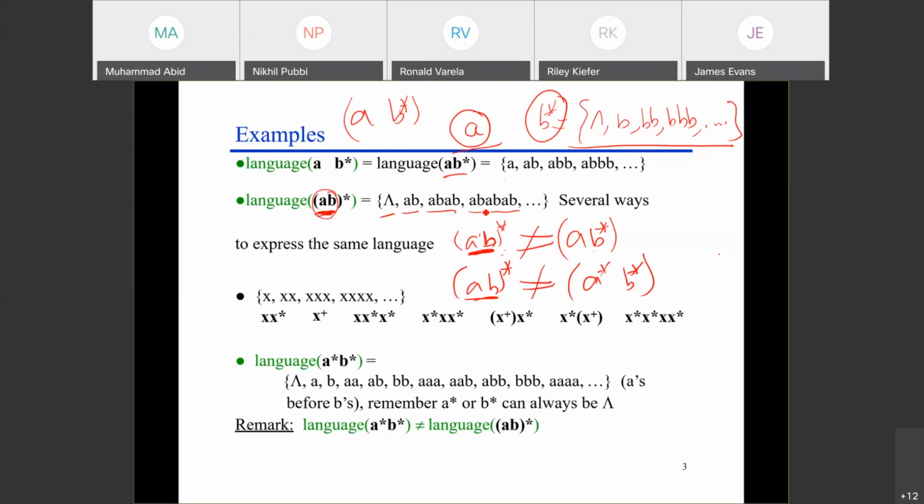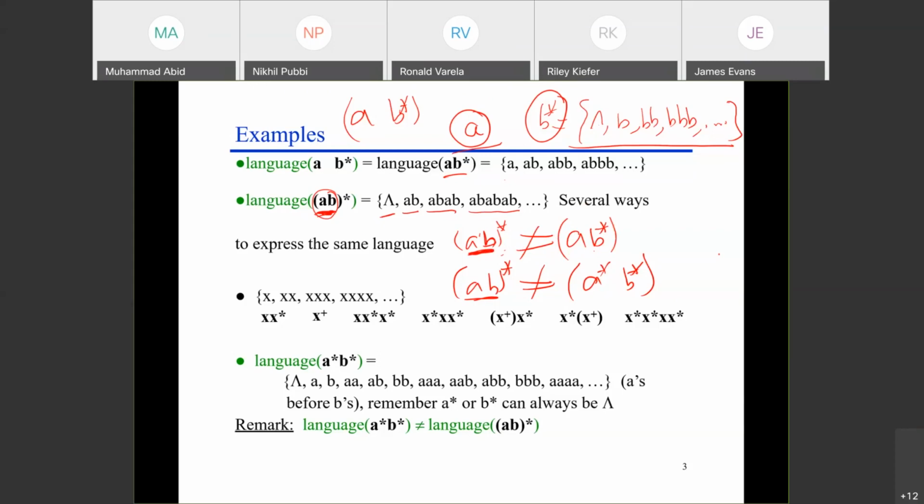Now this AB, when it is in parentheses and has a star outside, will behave as one entity. It will not behave as A separate and B separate. It will always repeat as one entity, AB, AB, AB, like that. So you will never see any word start with B, and you will never see any word end with A. It is just ABAB, like that. So this is the difference, that's why (AB)* is not equal to AB*.